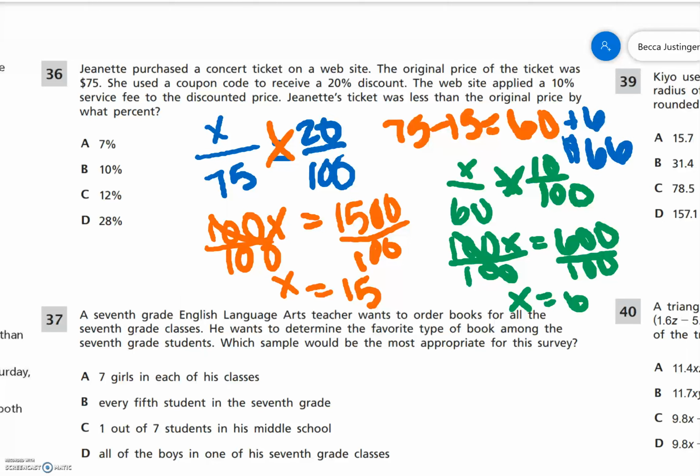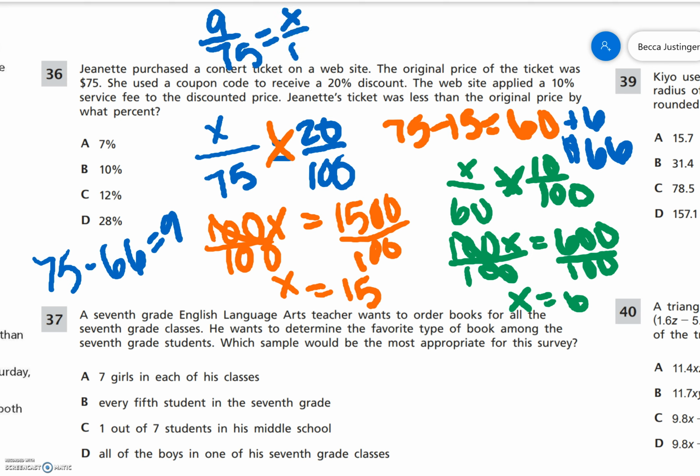The question is, Jeanette's ticket was less than the original price by what percent? So 75 minus 66 is 9. So I want to know 9 over 75 is what percent of 100?